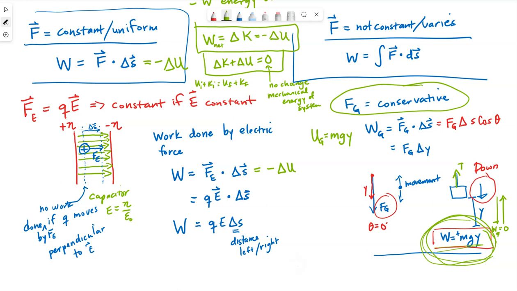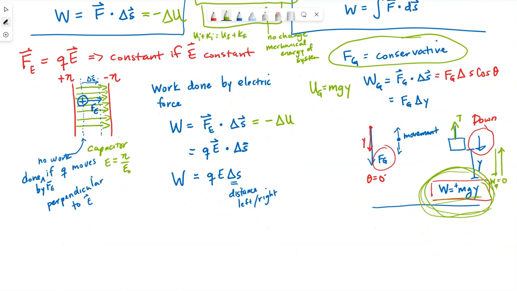Okay, a bunch thrown at us here at first. Let's come back to this example with our capacitor on the left. What we're saying here is the work done on a positive charge as it moves through this electric field is equal to how much charge we have, how strong the electric field is, and how far our charge moves, specifically parallel to the electric field.